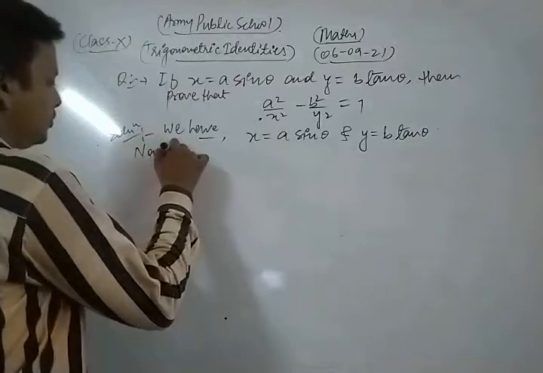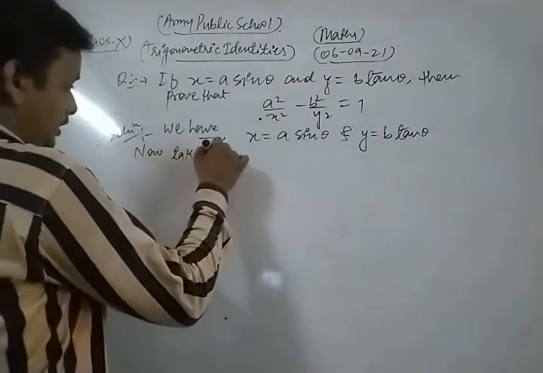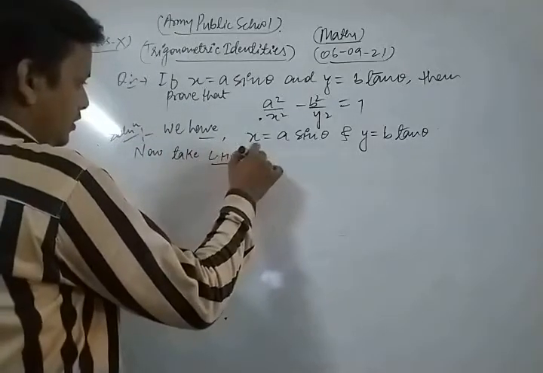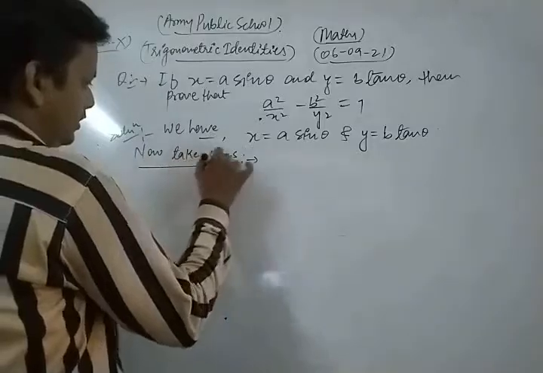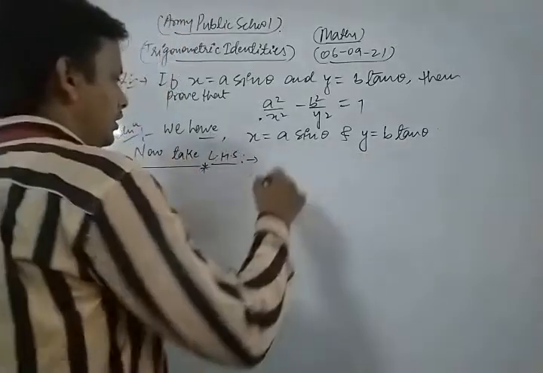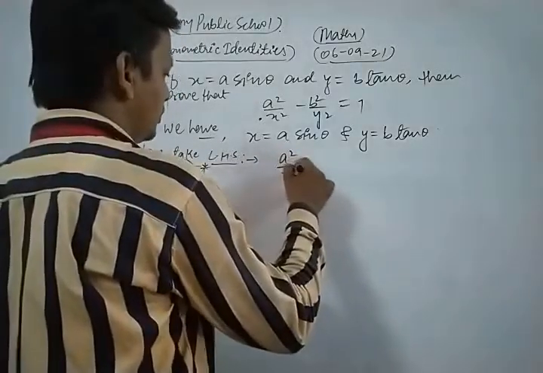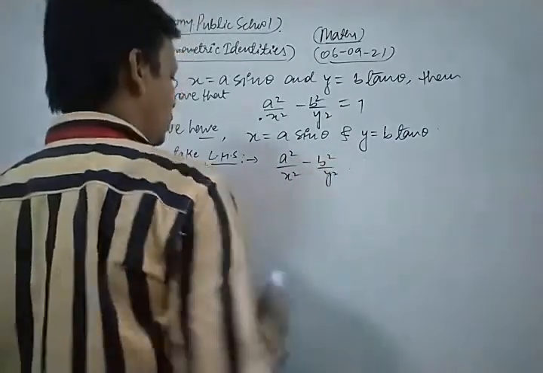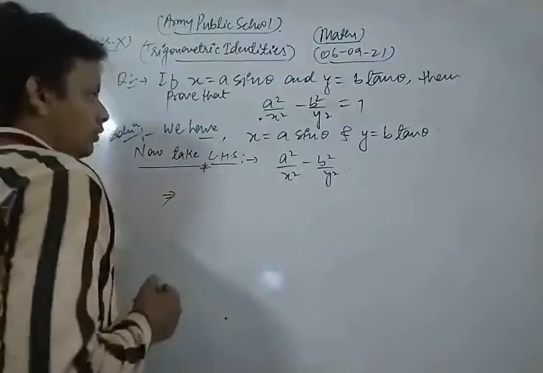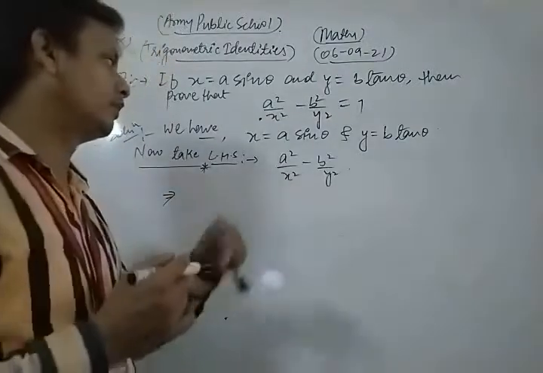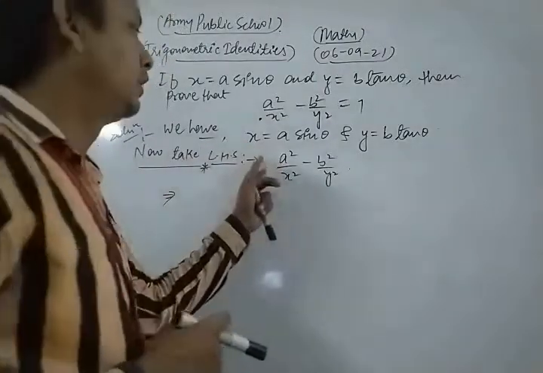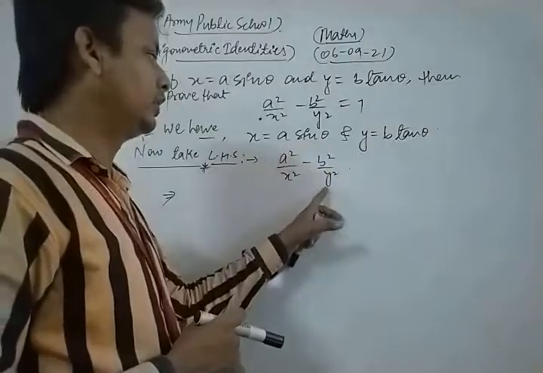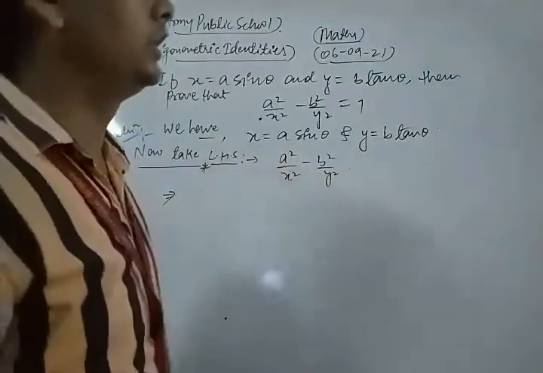LHS, which is a square upon x square minus b square upon y square. Now look, we put the value of x as a sin theta and the value of y as b tan theta.